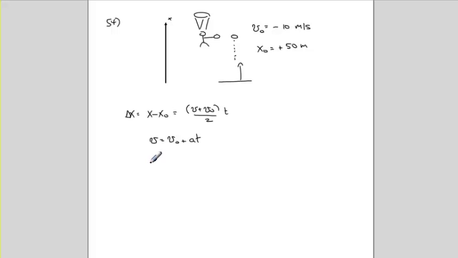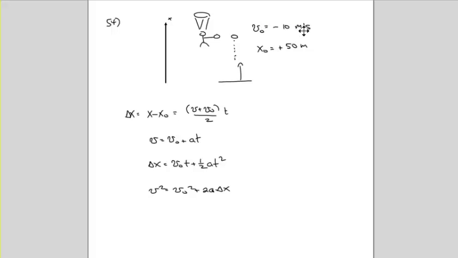Then delta x is v0 t plus 1/2 a t squared. And the final one is that v squared is equal to v0 squared plus 2a, a being the acceleration, times delta x. Okay, so we need to have three of these to get the other ones.